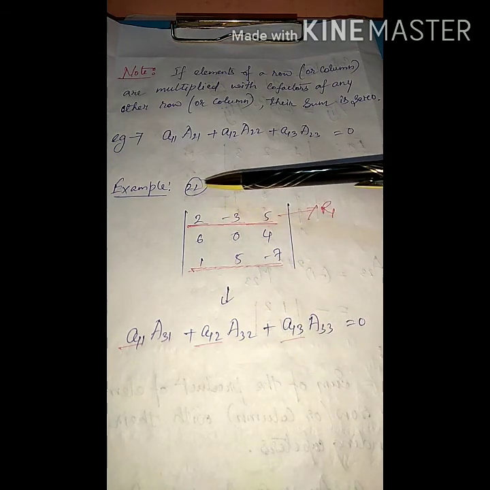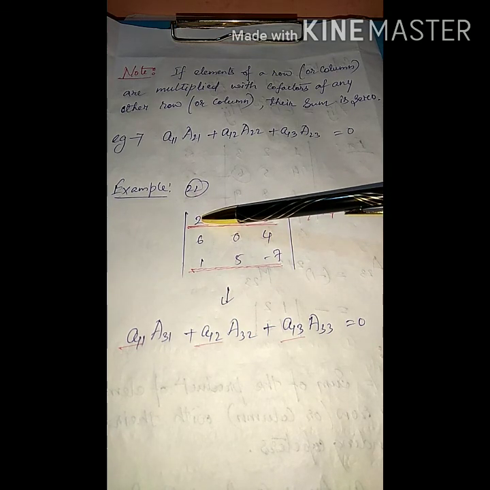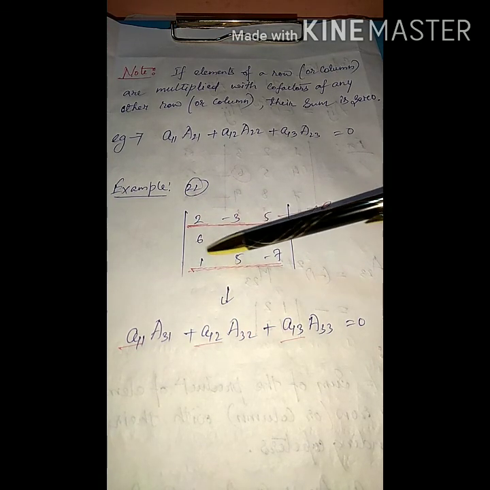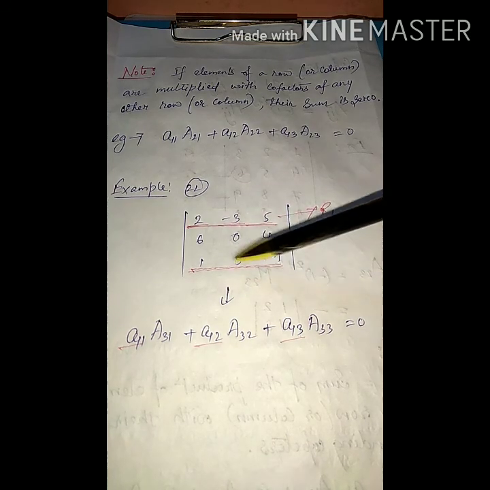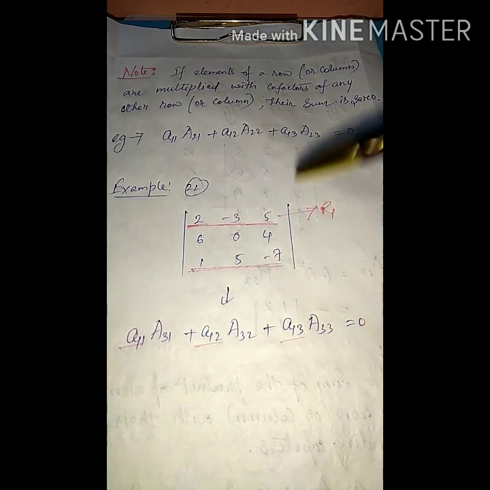You see here, the first row means A11, A12, A13, and the cofactors we multiply with are A31, A32, A33, then the value is always 0. So without doing anything, easily we can write the answer is 0. Is it clear? In this way, easily we can solve the questions.